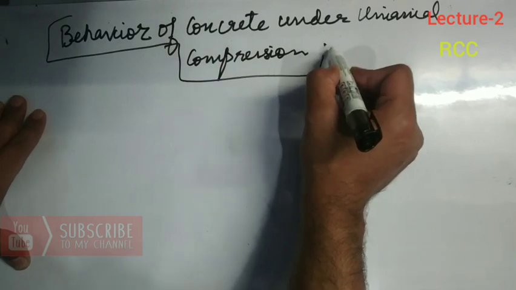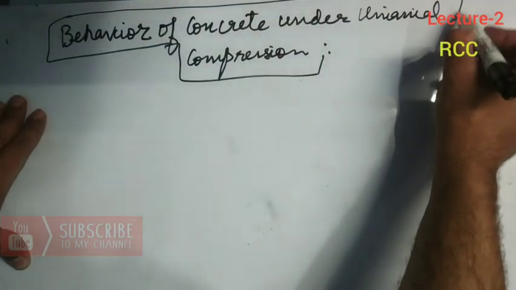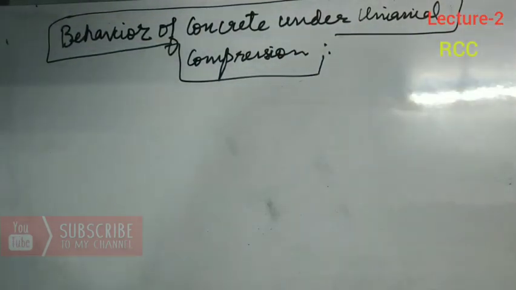So what is this? See, strength of concrete is determined by the compressive strength test on a standard 150 mm concrete cube in a compression testing machine.